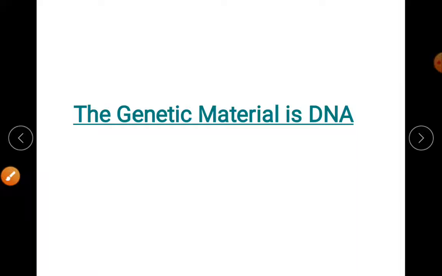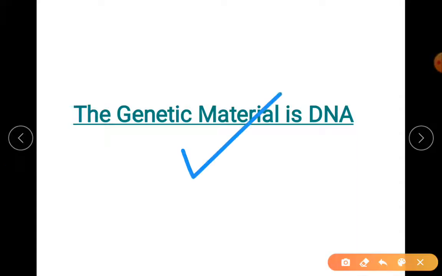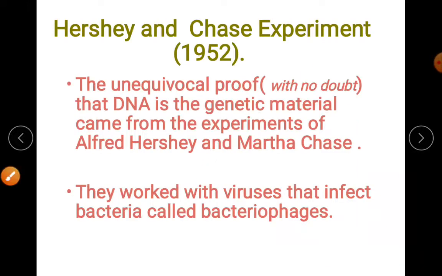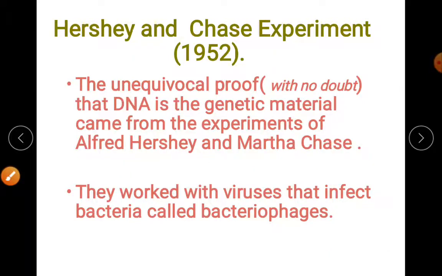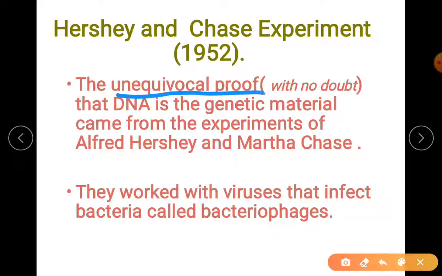So you will understand now, the genetic material is DNA, proved by Alfred Hershey and Martha Chase in the year 1952. They came forward with unequivocal proof. The meaning of unequivocal is no doubt at all. The experiment clearly showed that DNA is the genetic material.